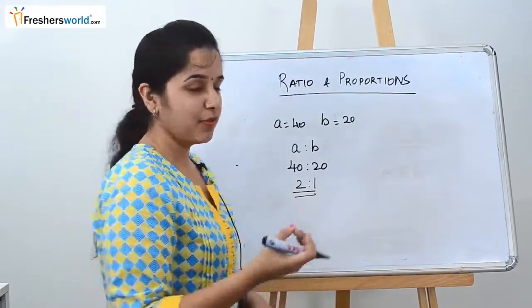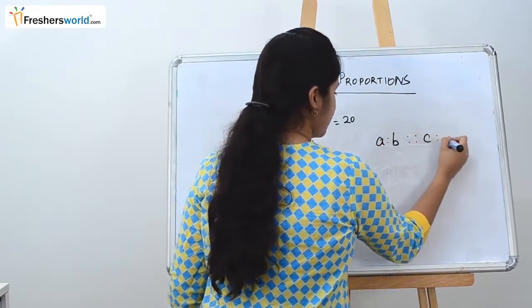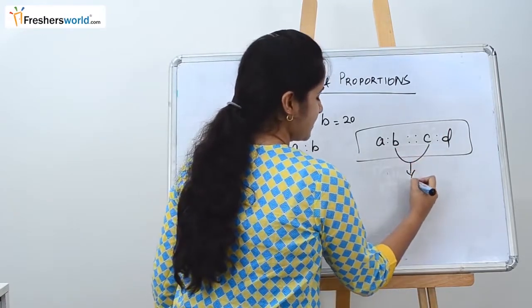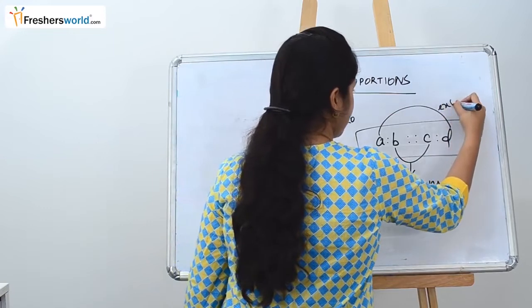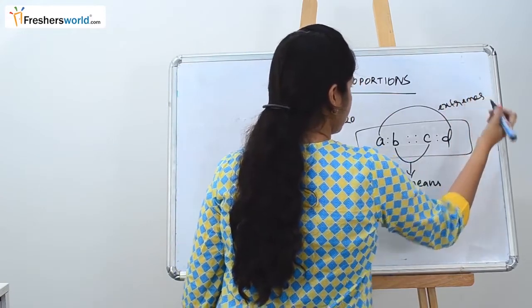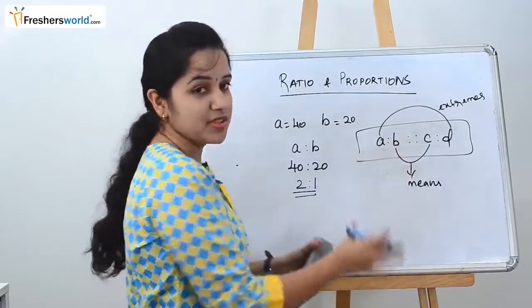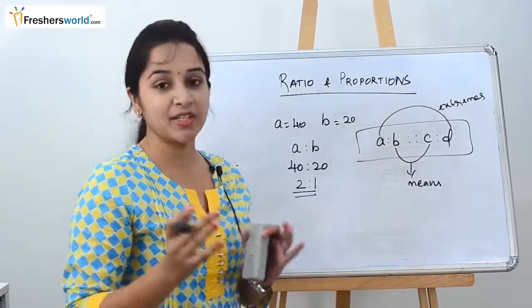Another type of question you would have seen is A is to B is equal to C is to D. Here B and C we call the means and A and D we call the extremes. You could have seen a lot of questions asking for the ratio between the means or the ratio between the extremes.